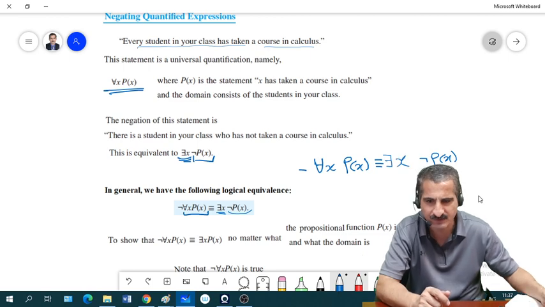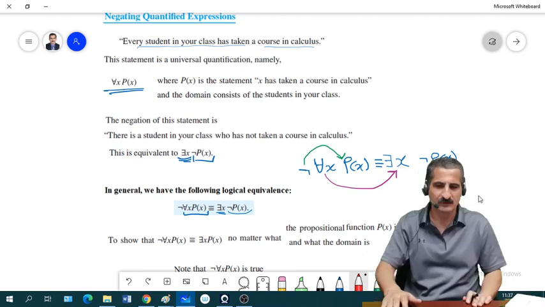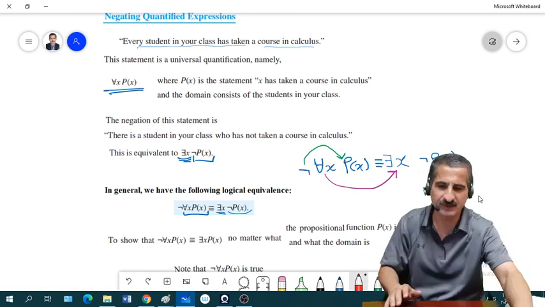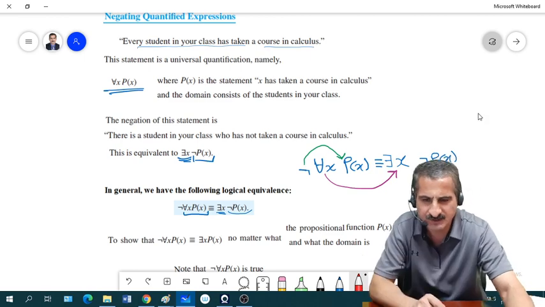Notice that this looks like moving the negation to the inside of the quantifier, but then changing the universal quantifier to the existential quantifier.